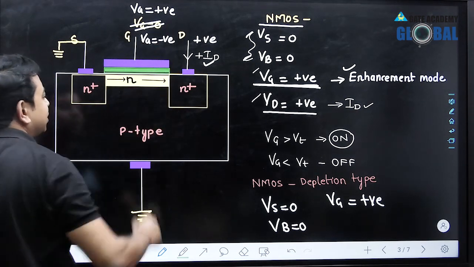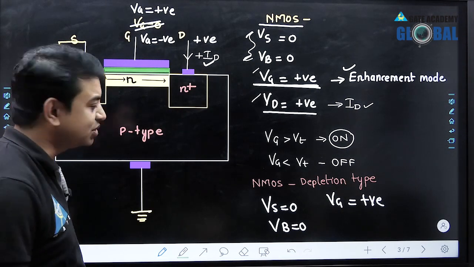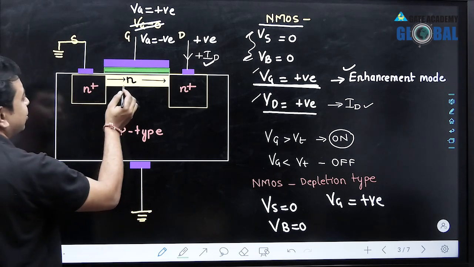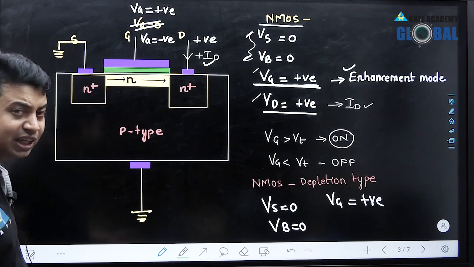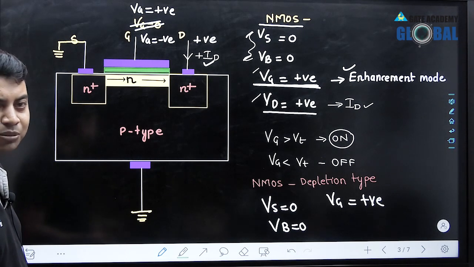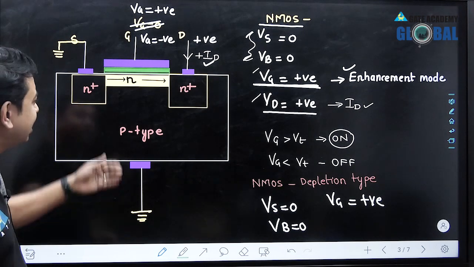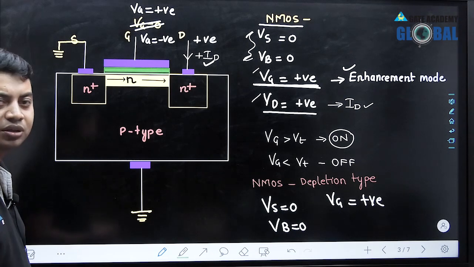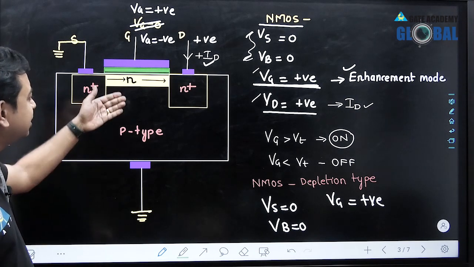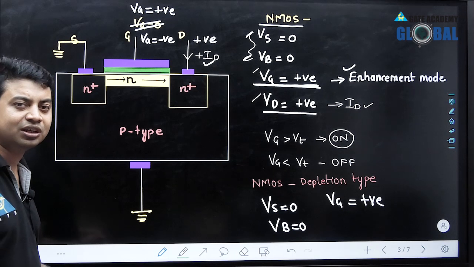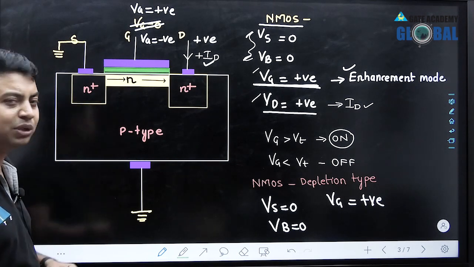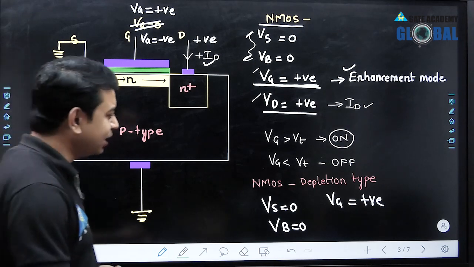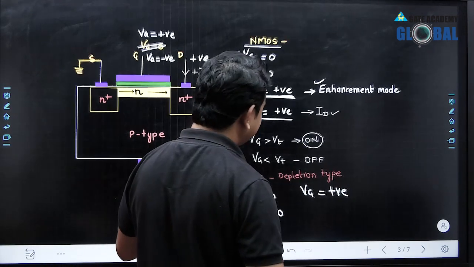If you apply a positive potential at the gate terminal, this positive potential will attract the electrons. That means the negative charge in the physically constructed channel can be increased, so the conductivity can be enhanced more, apart from the conductivity present initially due to the physical channel without any gate terminal voltage. So we can apply a positive voltage in the depletion type MOSFET.